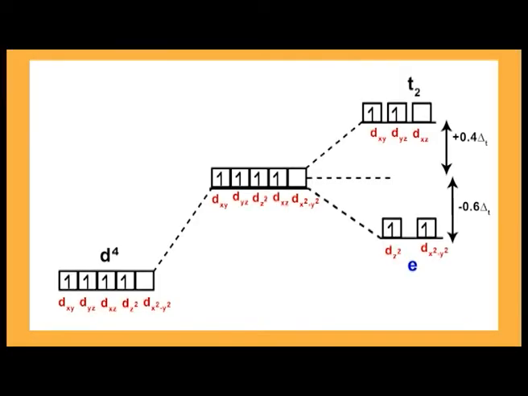Now, let us talk about the crystal field stabilization energy of a d^x configuration of the central metal ion in a tetrahedral arrangement of ligands. We have seen that only high spin complexes are known in the case of tetrahedral complexes. The distribution of d^x electrons in E and T2 orbitals takes place according to Hund's rule. The filling of electrons will start from the E orbitals since these orbitals have lower energy than T2 orbitals.